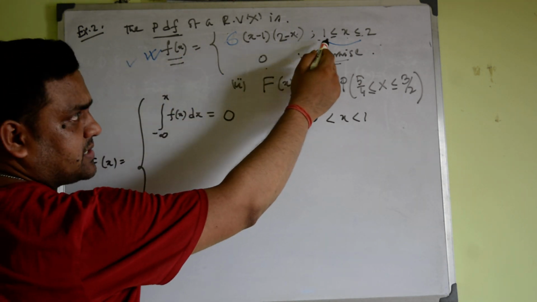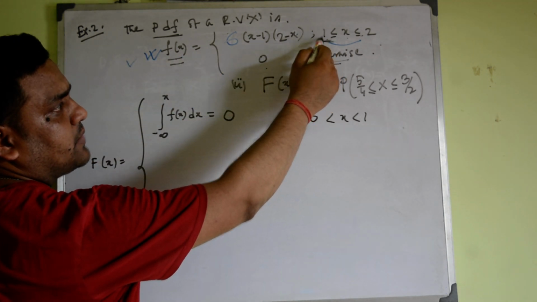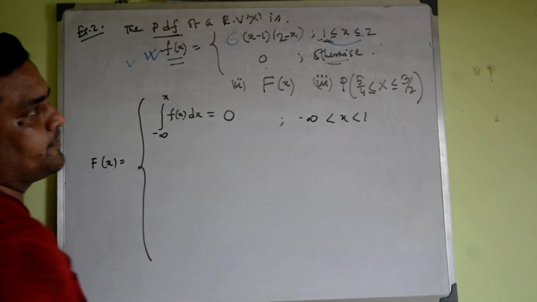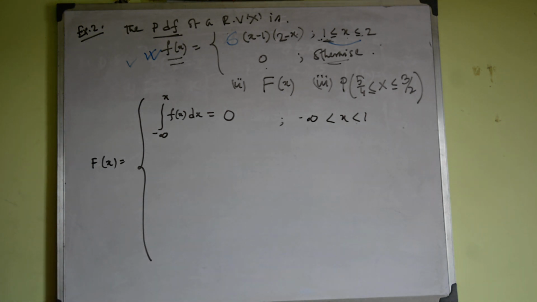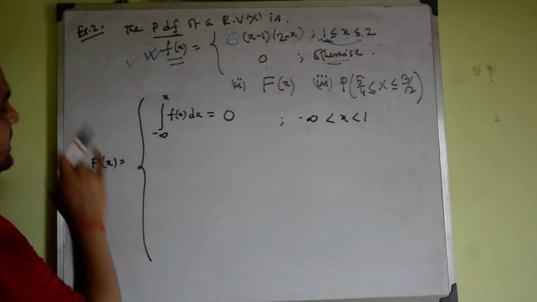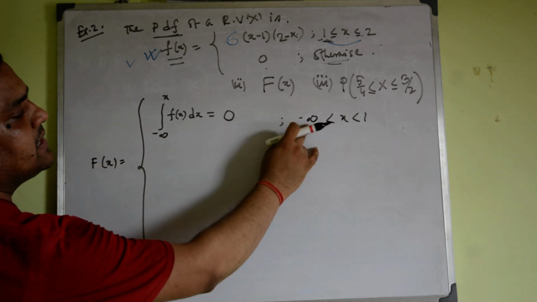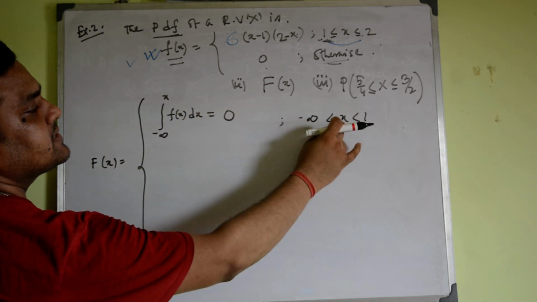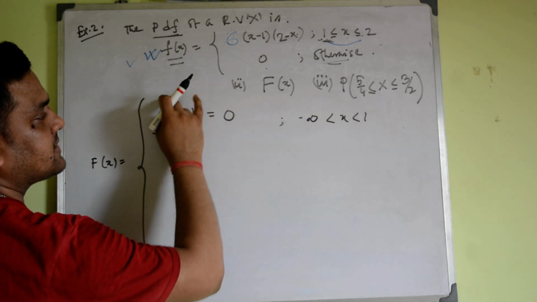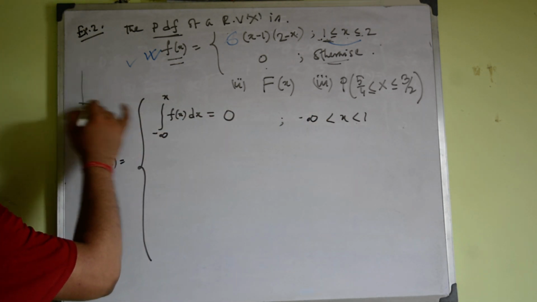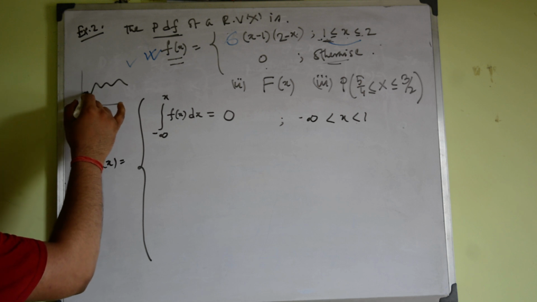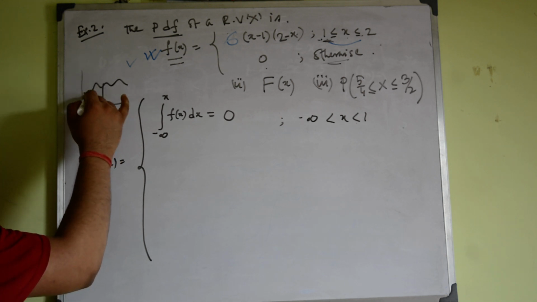You must see the starting interval. The starting node is 1, so you must take less than 1. Elsewhere 0, so less than 1. In continuous types of distribution, we know minus infinite to x, where x lies between, the upper limit must be x because it is a function of x. When you draw some continuous distribution, within that particular interval you have some function value.